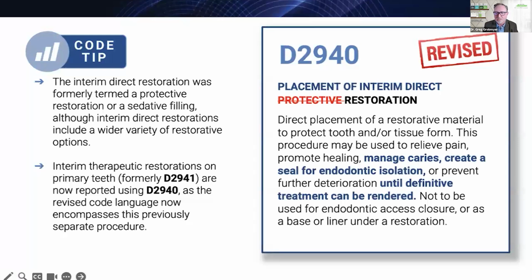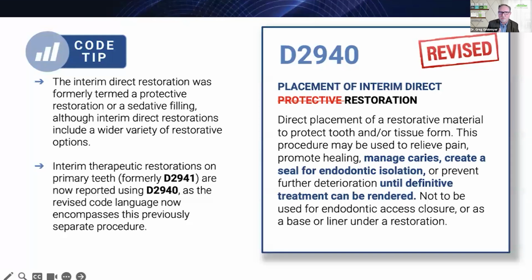Sometimes you'll prep down, maybe it's a box and it goes a little subgingival, and then you get some bleeding or some saliva. It's difficult to keep that isolated and keep your canals dry. So you may build a little wall out of flowable. Okay, that's now placement of an interim direct restoration. So those things have been directly called out so that they must be included as a part of the D2940.